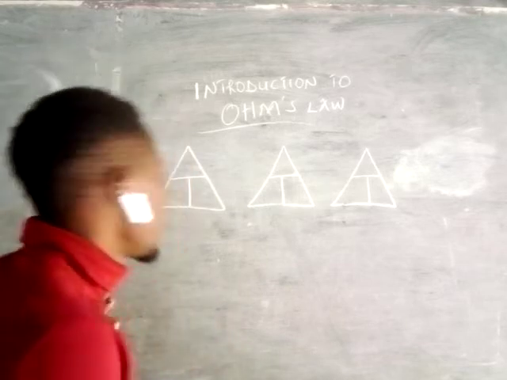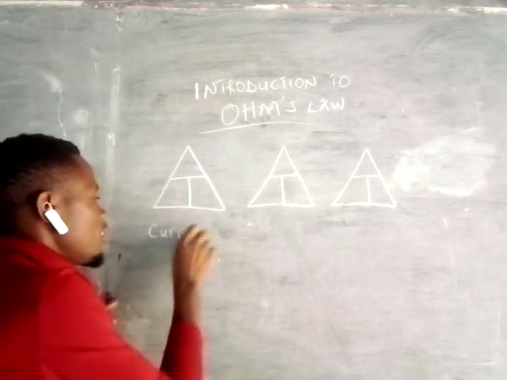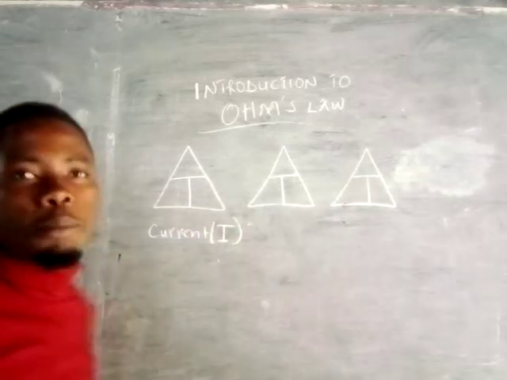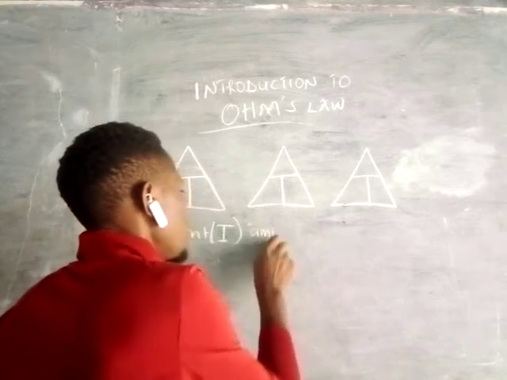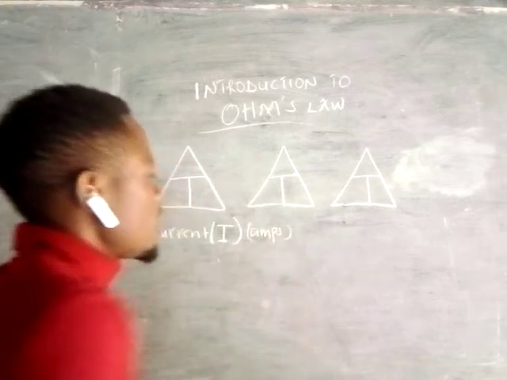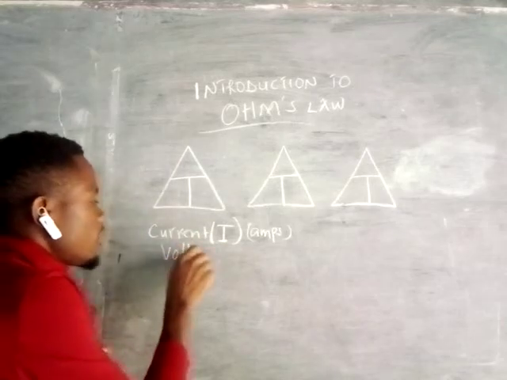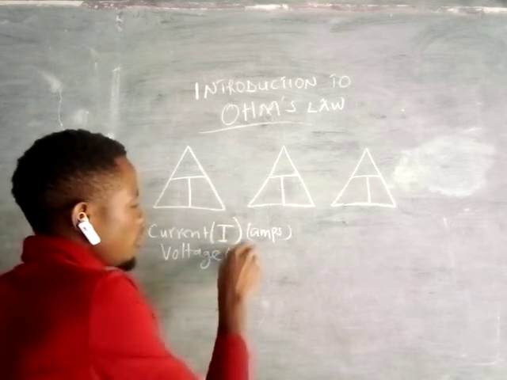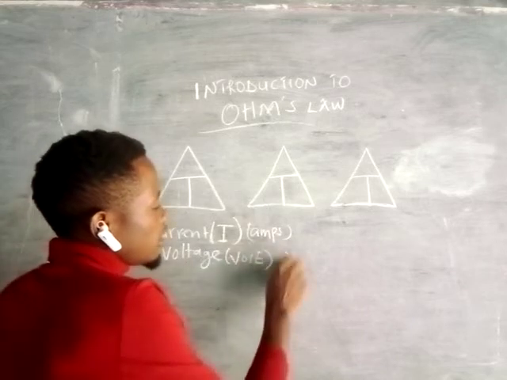Now remember, current, the symbol is capital I, measured in amps. Then voltage, represented by V or E, measured in volts.